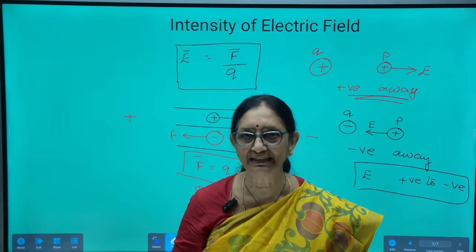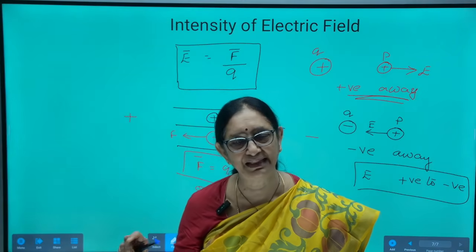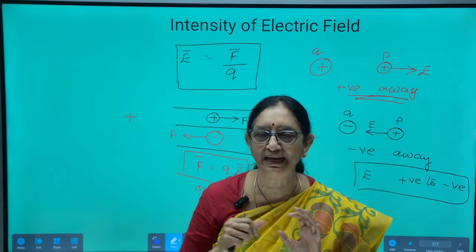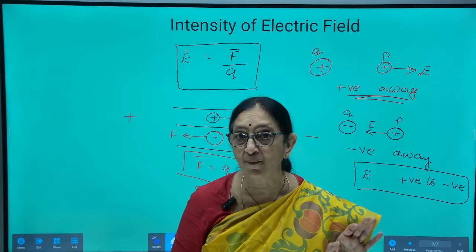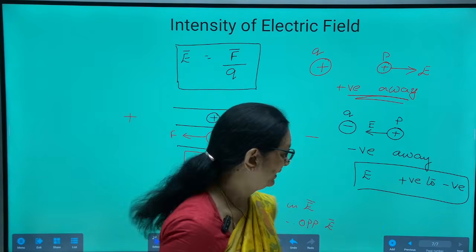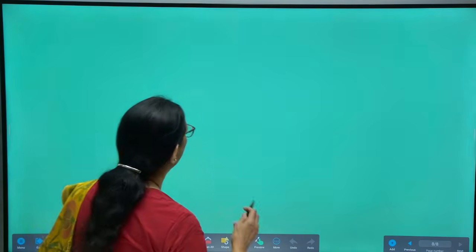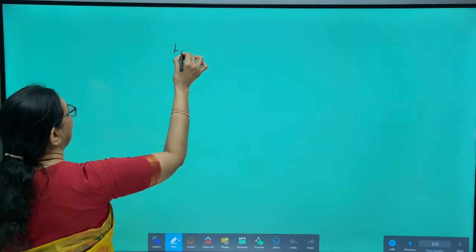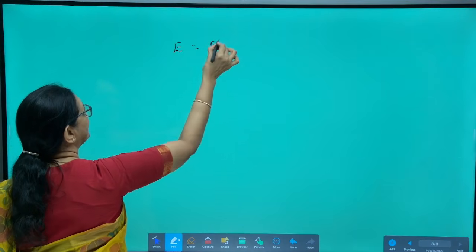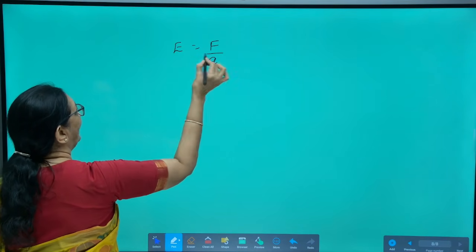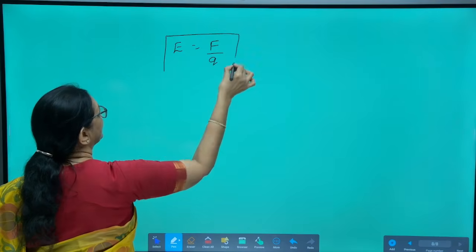On a positive charge, force is in the field direction. On a negative charge, force is opposite to the field direction. So, electric field intensity is defined as force experienced by a unit positive charge.